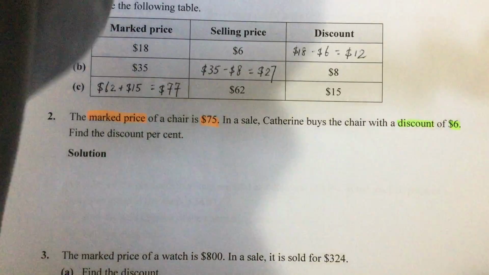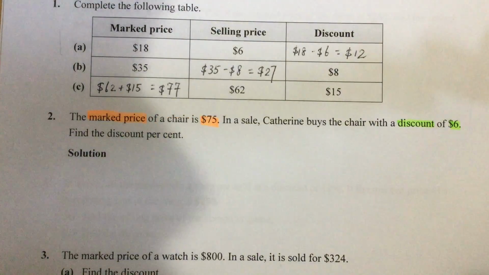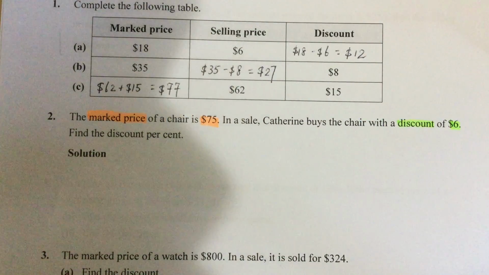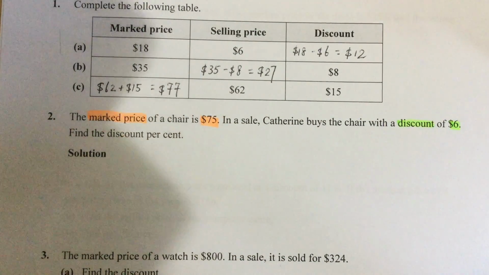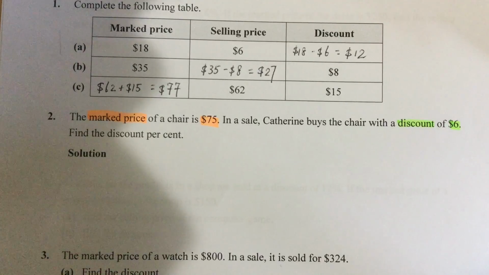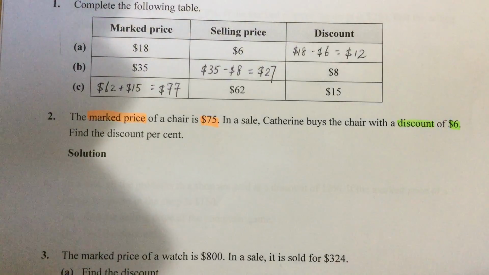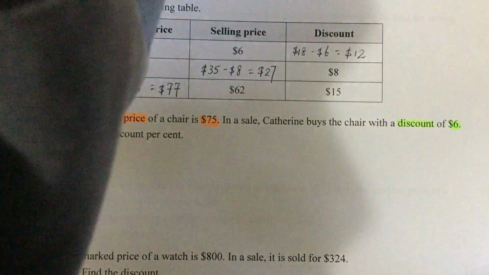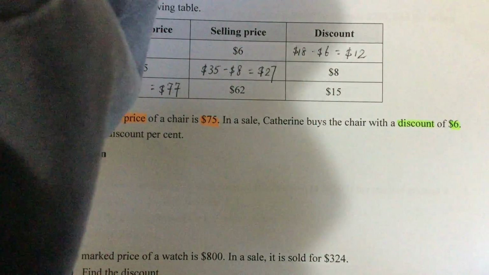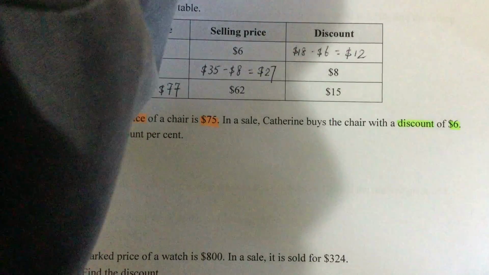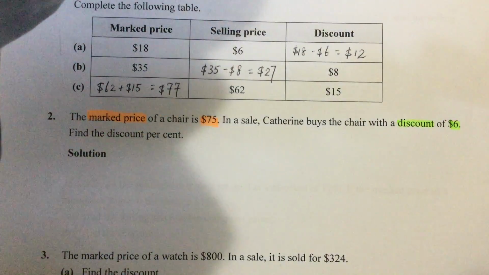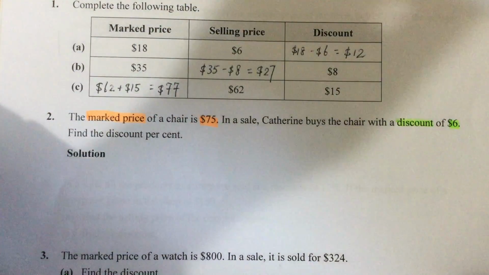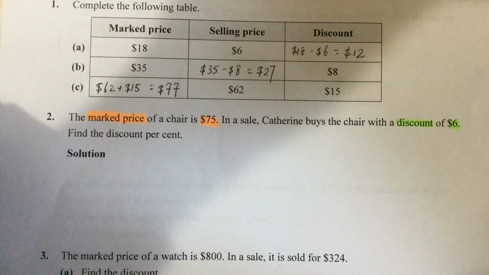So let me put the formula here to help you do the question easily. Please give me some time. You can do it by yourself first before I give you the formula. Okay, now I will give you the formula like this. This is the discount formula.